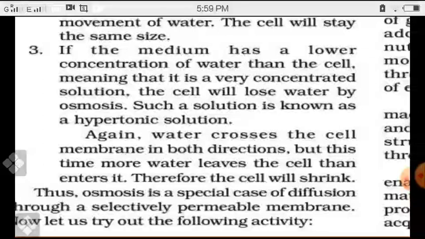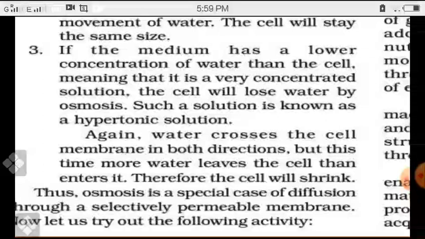The cell will lose water by osmosis. So when we put a cell in this concentrated solution, what happens? The cell will lose the water, by which process? By osmosis. Such a solution which we have taken in the beaker is called a hypertonic solution. The salt or the sugar content is very high compared to the water.